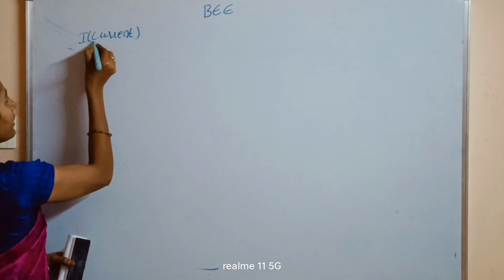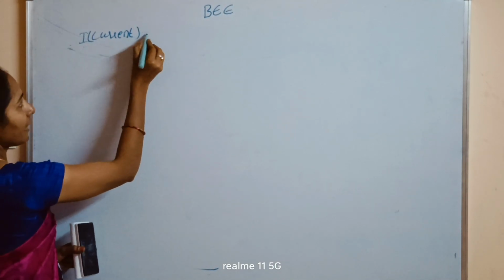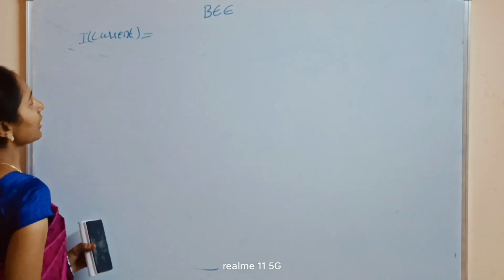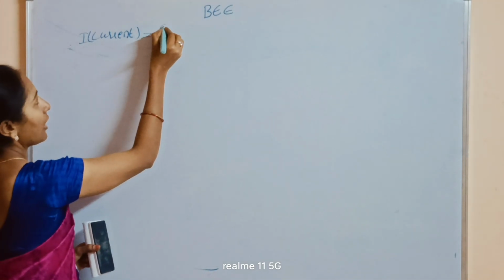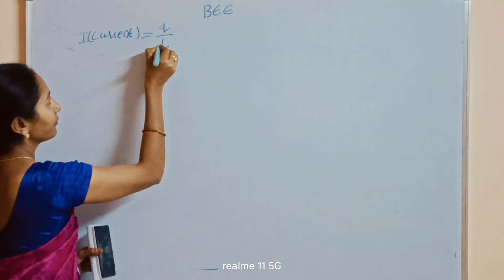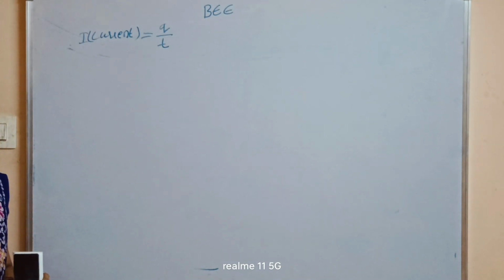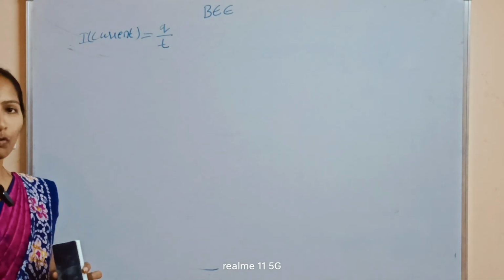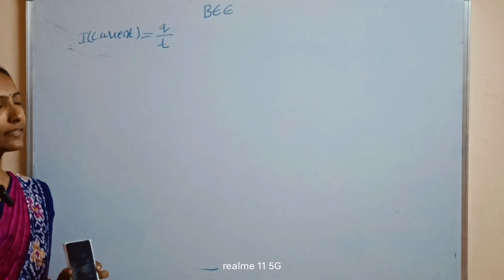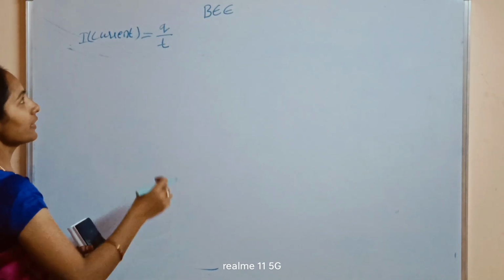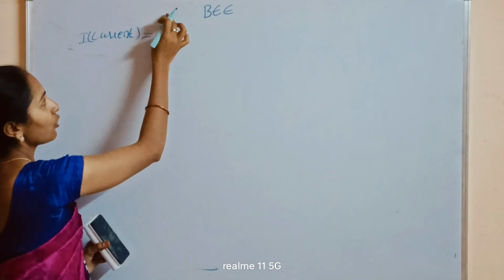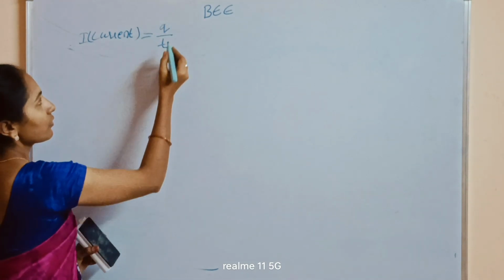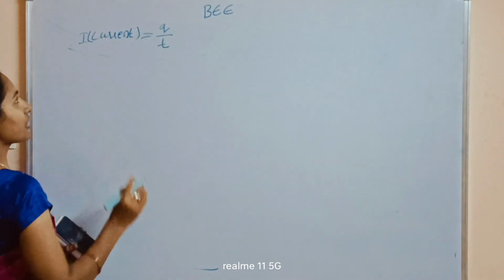Current is represented with I, and it is the ratio of charge per time. Actually, it is also defined as the flow of free electrons, which we call current, electricity. So what is the unit of charge?